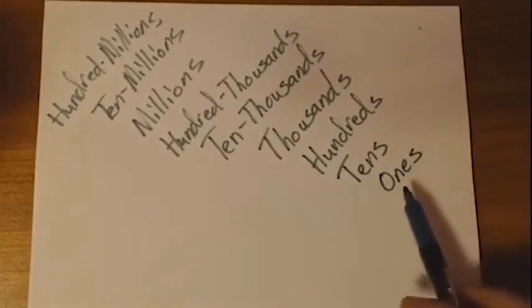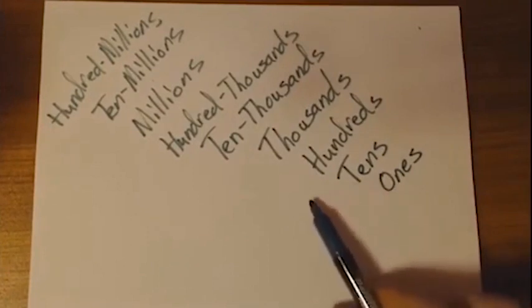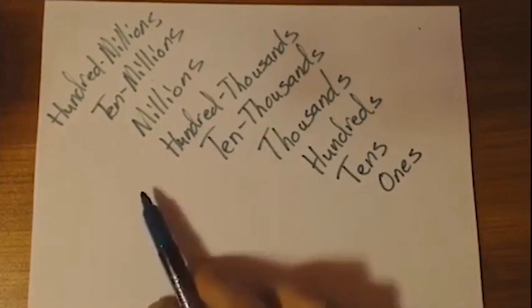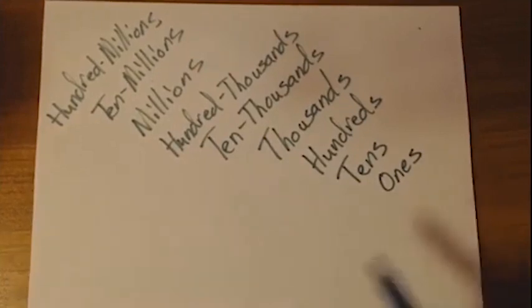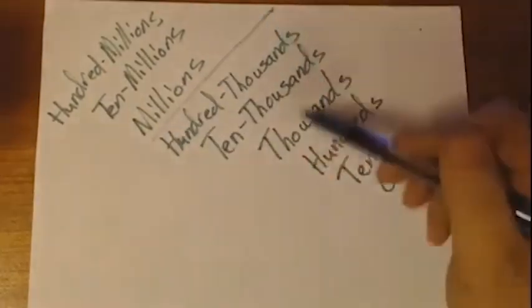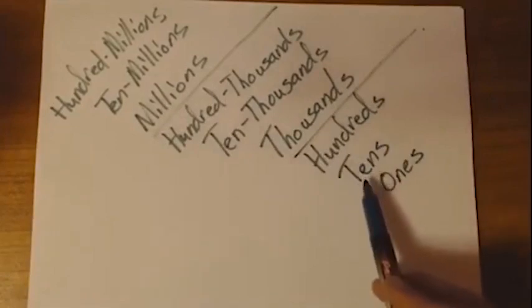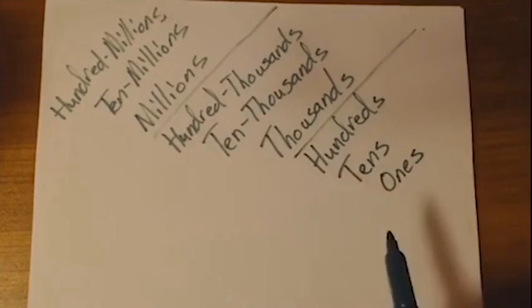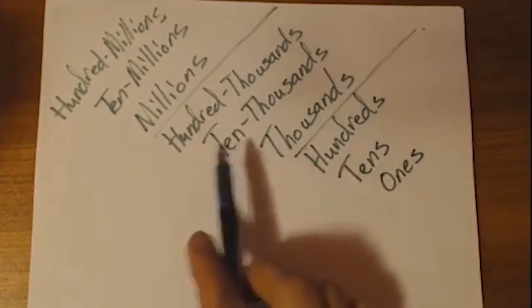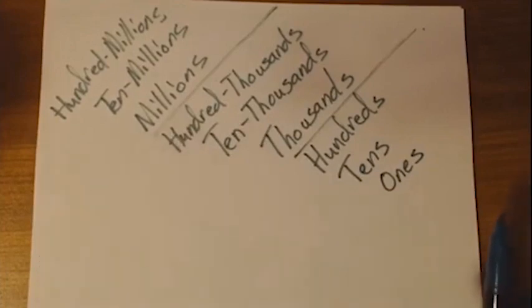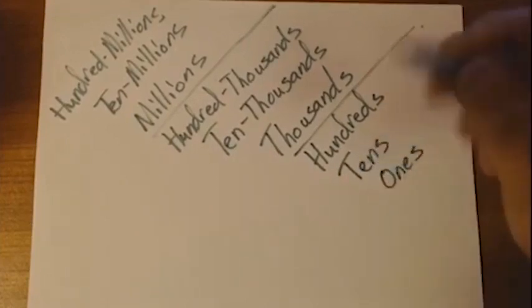So from right to left, we have ones, tens, hundreds, thousands, 10,000s, 100,000s, millions, 10 millions, 100 millions. So notice the pattern. Every 3 right to left, this something, tens, hundreds happens. Thousands, 10,000s, 100,000s. Millions, 10 millions, 100 millions. These are called periods, these groupings of 3.